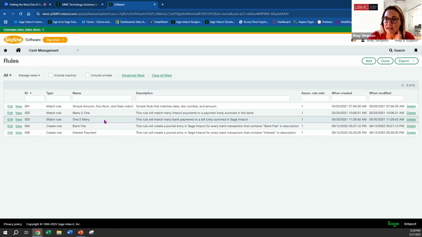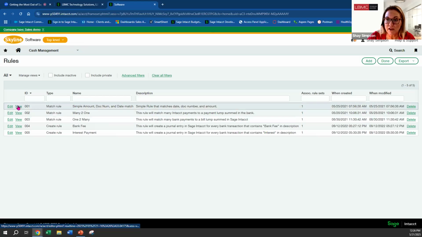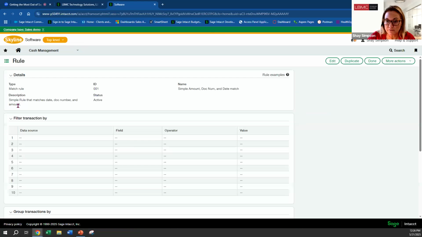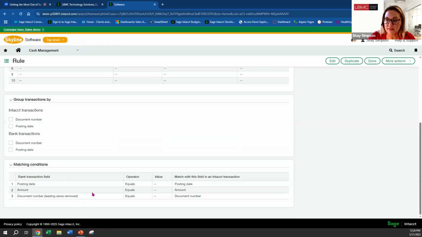Now, we actually talked about different kinds of matching rules. This is just an example of a very simple matching rule where we say that the posting date equals the posting date in Intacct. We also want to say that the amount equals the amount in Intacct, and then the document number equals the document number in Intacct.